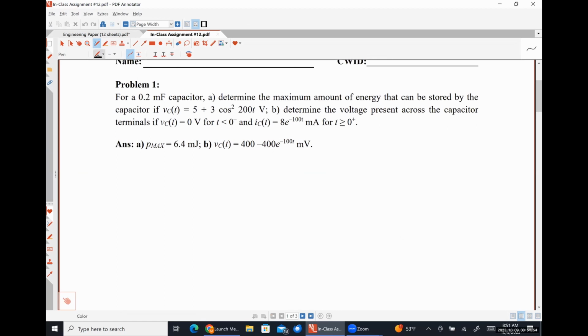And actually, now that I'm looking at this, there's technically a typo here. This should be W max, not P max, because I'm asking you for energy, not power. So I apologize for that. At some point, I will actually remember to update that typo or come up with a new in-class assignment instead of just leaving that typo there for, I think, 3 years at this point. So, it is what it is.